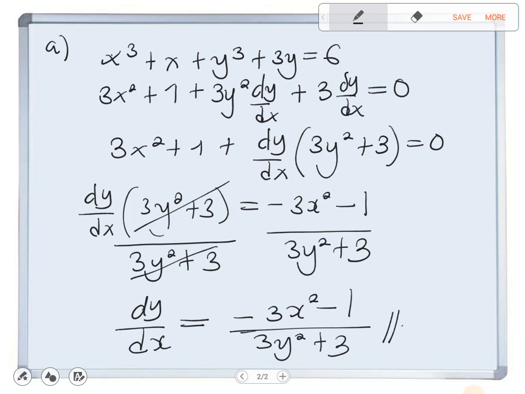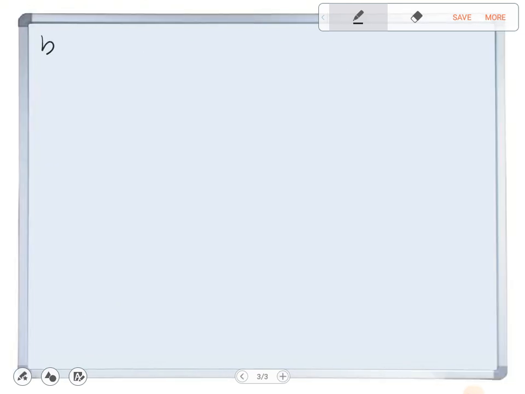Let's look at B. B is a combination of the product rule and the quotient rule, if you've looked at the question nicely, because it says 4xy squared plus 6x squared over y equal to 10. The second part can be done using the quotient rule, and the first part using the product rule because we've got x and y multiplying each other. So how do we do the product rule? 4 is a constant.